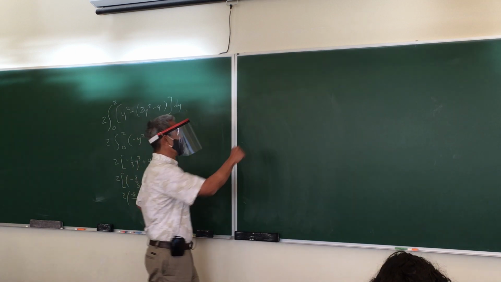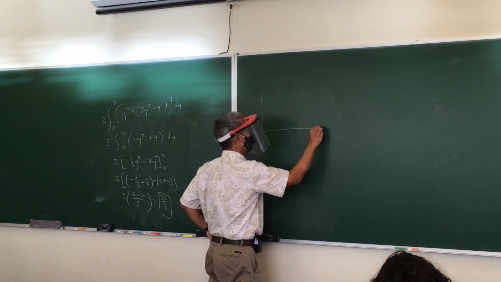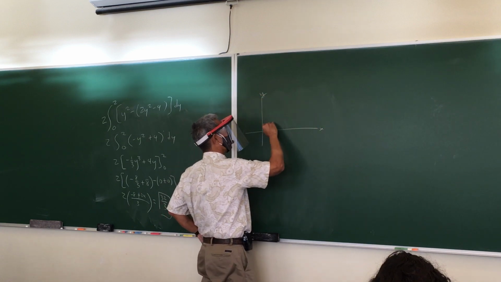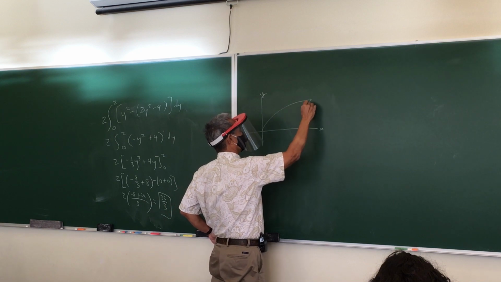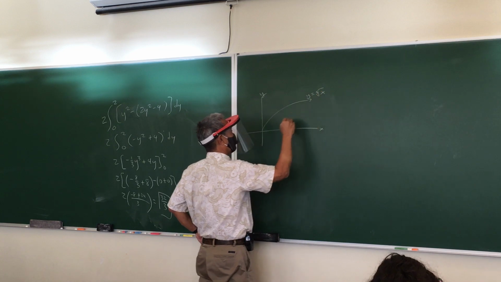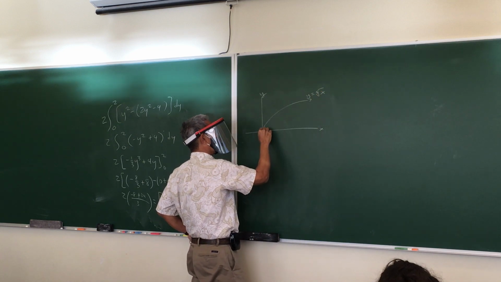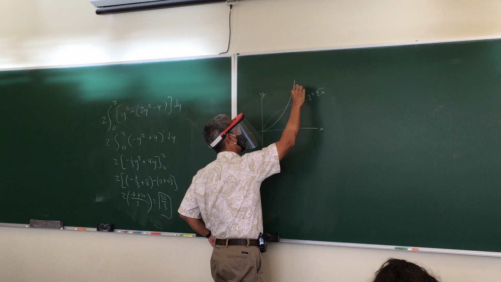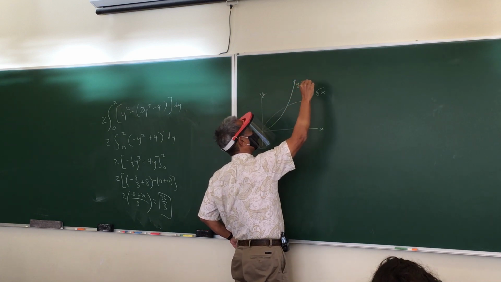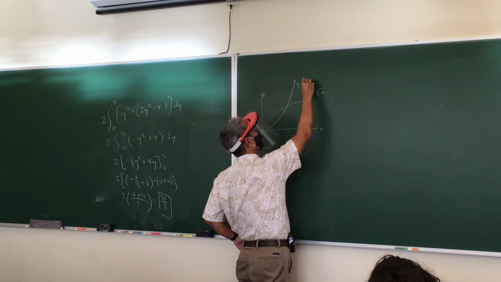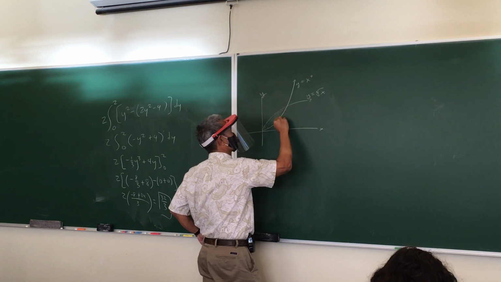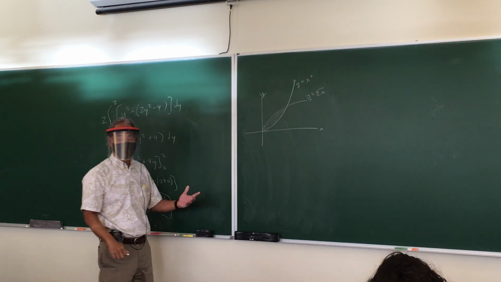Okay, let me think of something. Okay, what if you think of a graph that looks like this. Y equals cube root of x. And then how about a graph that looks like this? Y equals x to the fourth then. Find the exact area. Well, you're not going to be able to find it exactly.